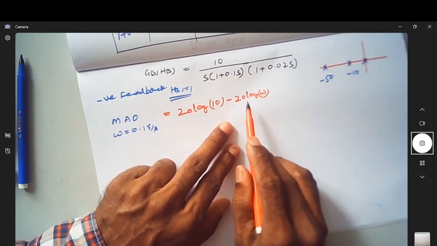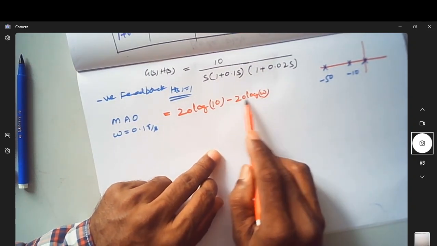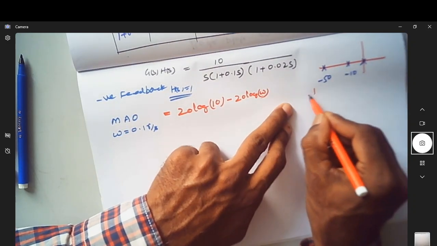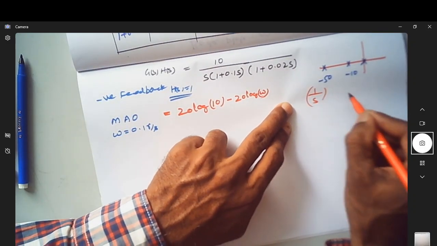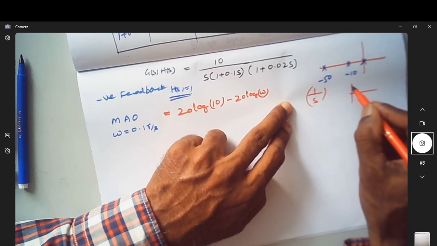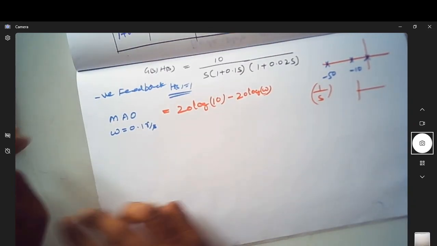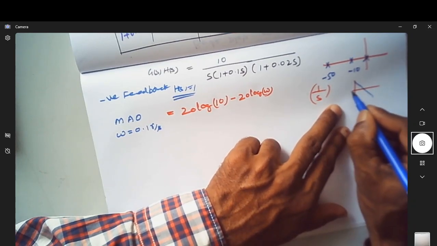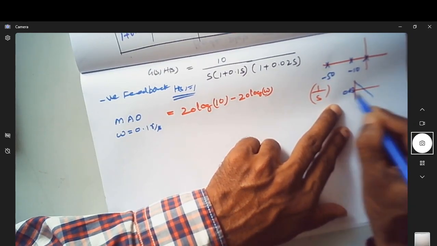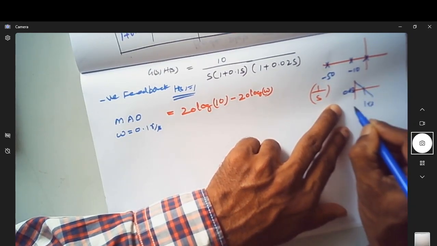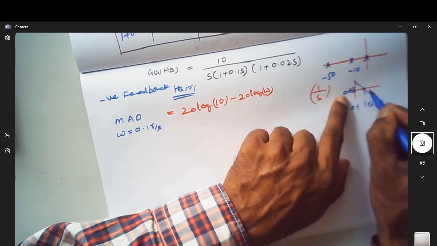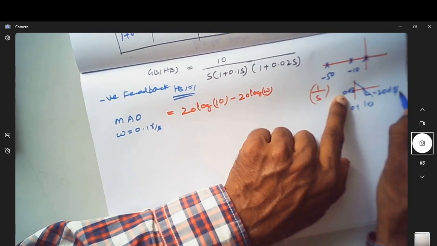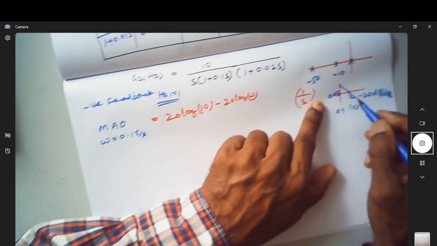Why am I writing this as minus 20 log of omega? Because I know the 1 over S term has a plot like this. Is this your plot? It is 0 dB at 1 radian per second, and you are looking at 0.1 radian per second. I know this slope is minus 20 dB per decade.